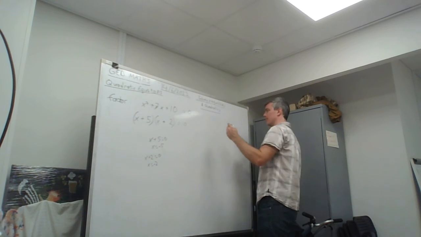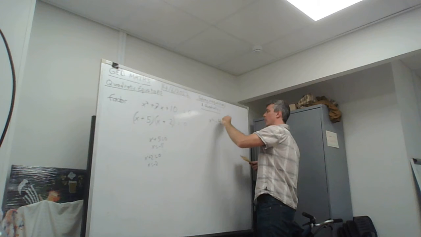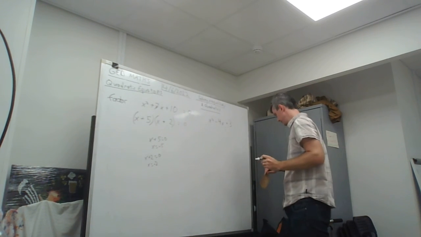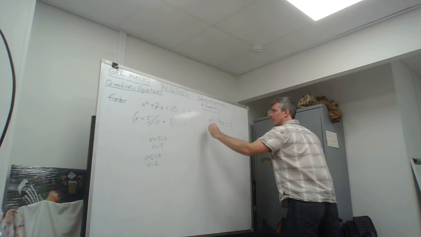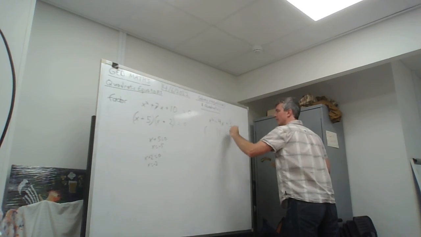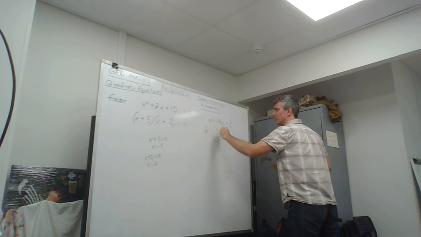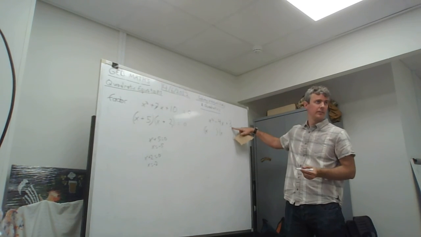Let's try another one here. X squared minus 4x plus 3. So the first thing we do, this is our coefficient here, so we can do x. Okay? Then 3 is here.